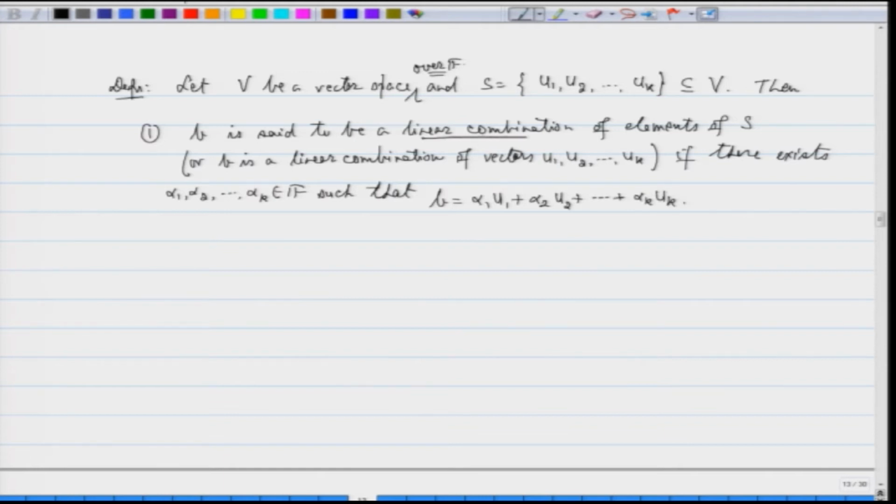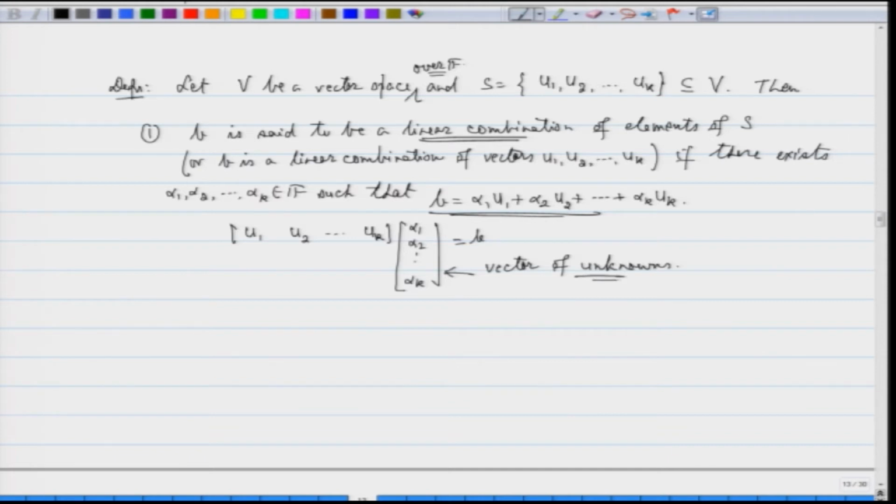So, linear combination means I have this idea with me, or what I am saying is, look at the system U1, U2, UK, fine. I have this alpha 1, alpha 2, alpha k, the vector of unknowns or variables, and this is B I have, and I am solving the system A x is equal to B. Is that okay? Fine.